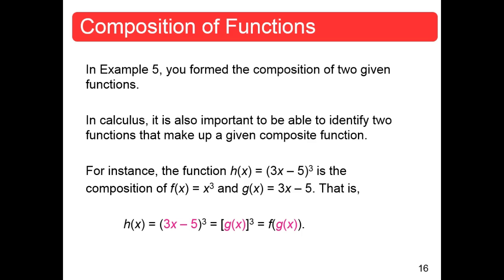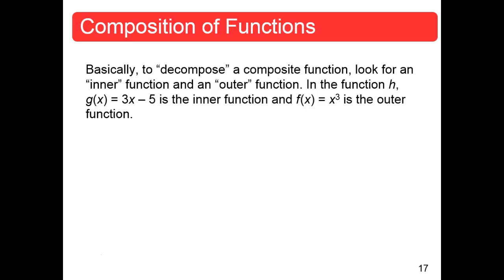Okay? So basically what we're doing is decomposing a composite function. You look for the inner function and the outer function. And literally that's what it looks like. The inner part, make that your g, and then the cube was on the outside, so make that your outer. That's what you do.